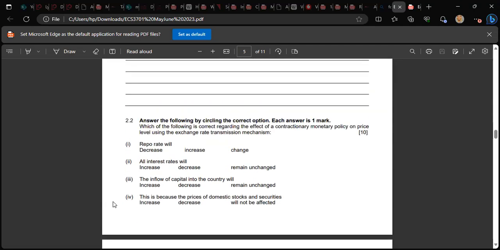All right, so just to break this down and simplify this for us. The contractionary monetary policy, here in South Africa, deals with the repo rate. If it's contractionary, the repo rate is obviously going to be going up, and if it's expansionary, the repo rate is going to be going down, right?